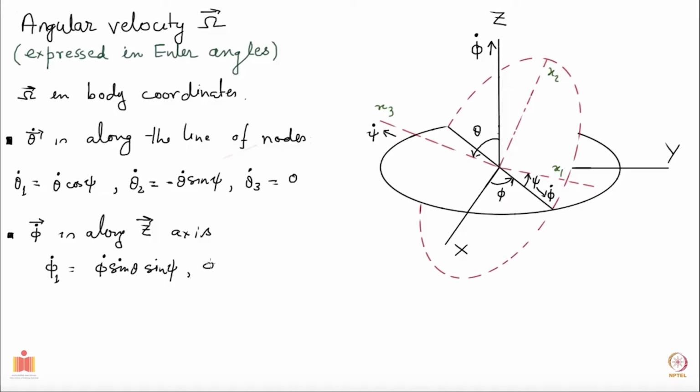Now I write phi dot second component. Again, you have to start with phi dot sin theta, and then you project onto the x2 and you get a cos of psi. Then you have the third component, phi 3 dot, which is just the projection along this, and it's trivially phi dot cos theta.